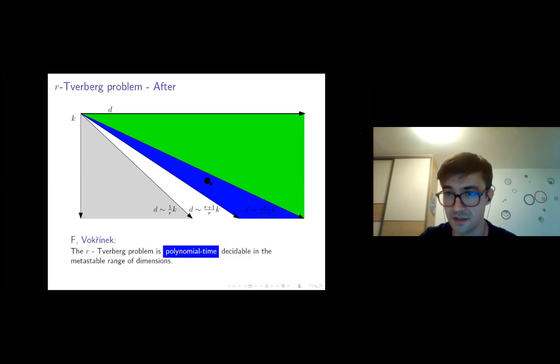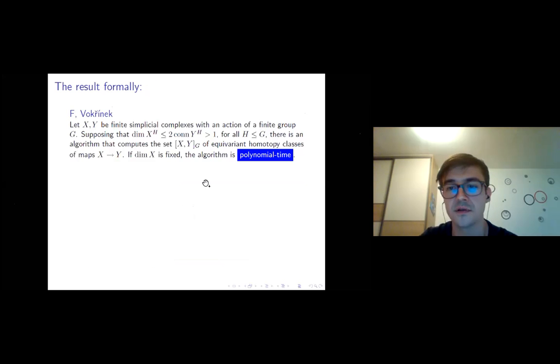So just to inform you what we actually do in our results, it's a bit different. We again talk about homotopy classes of equivariant maps. We do a bit more of model categories and a bit more knowledge is required. But let's just say if you're given finite simplicial complexes and you describe an action of a finite group on it, then we have an algorithm which would compute the set of equivariant homotopy classes of maps from x to y, under some so-called stability condition.